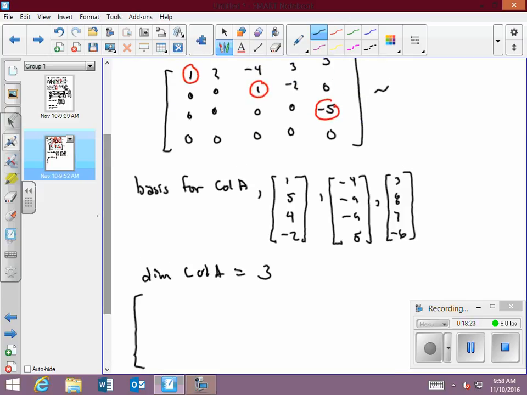And you got to start from the bottom. 0, 0, 0, 0, 0. And what we're doing is we're augmenting this thing. So we got another column of zeros. 0, 0, 0, 0, minus 5.